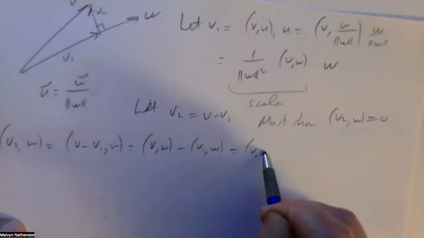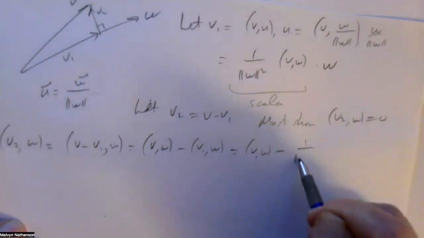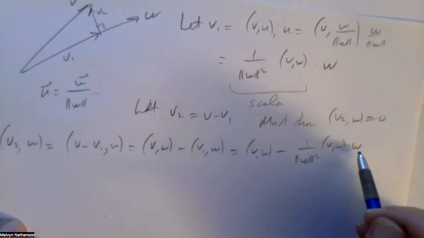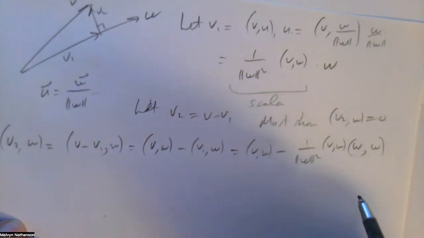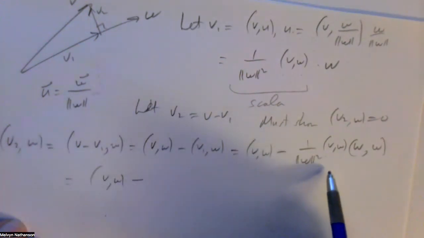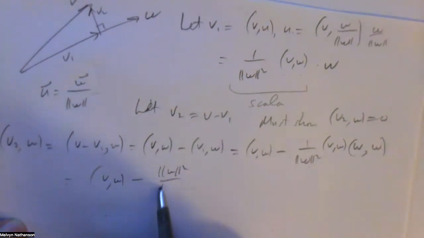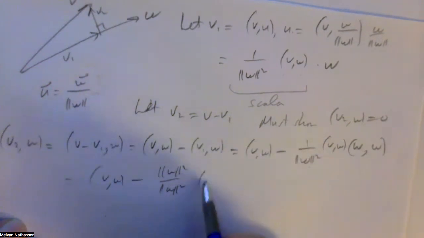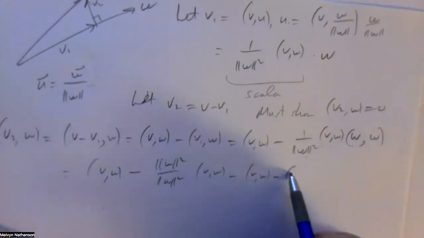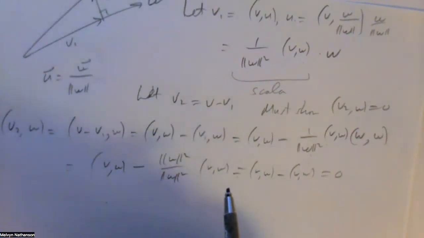V1 is this scalar times W, times W, inner product with W. That's the inner product of V and W minus, I have, the length of W squared over the length of W squared times the inner product of V and W. But this is 1. This is just VW minus VW, which is 0. So we're done.